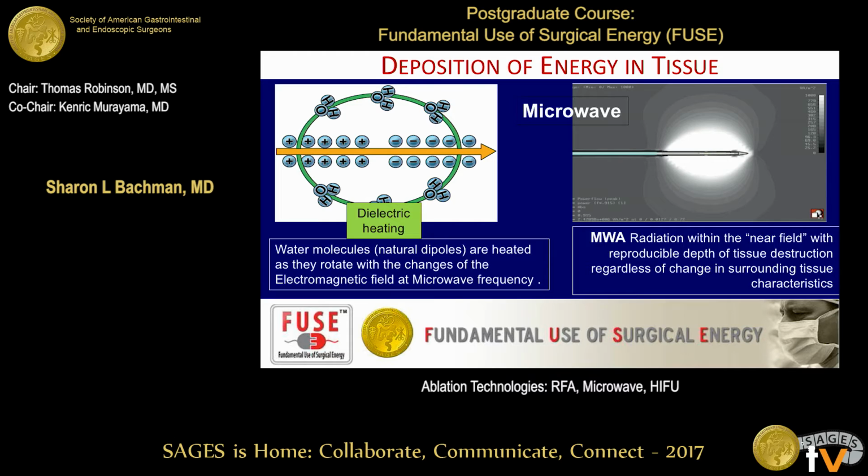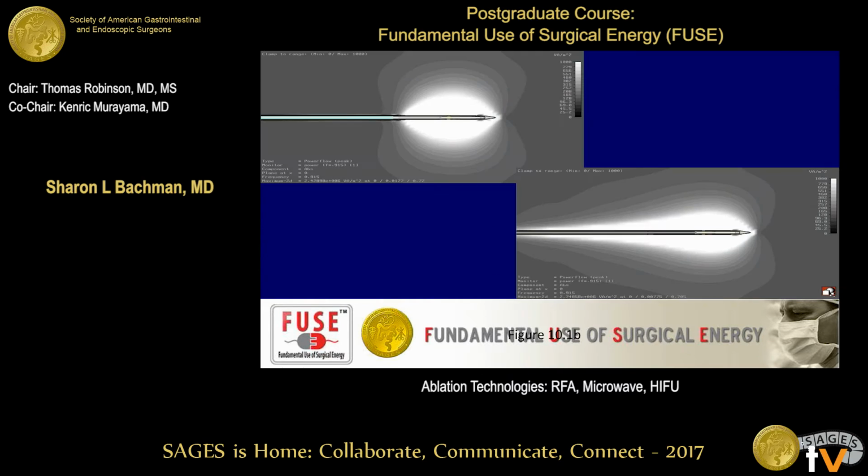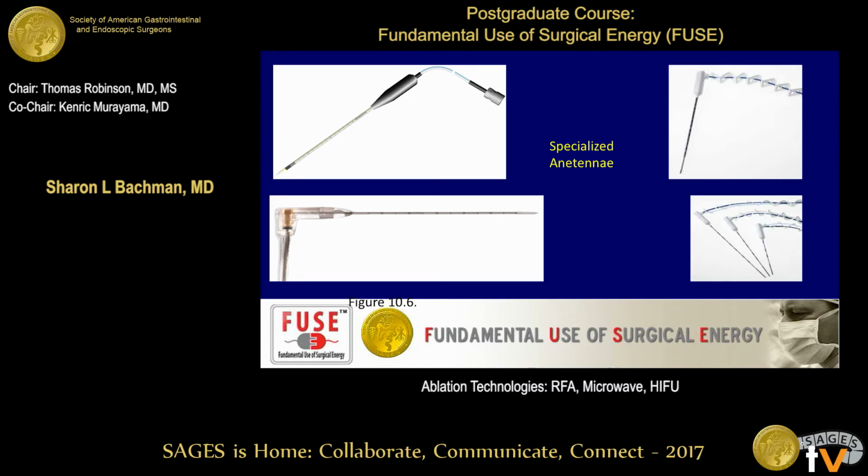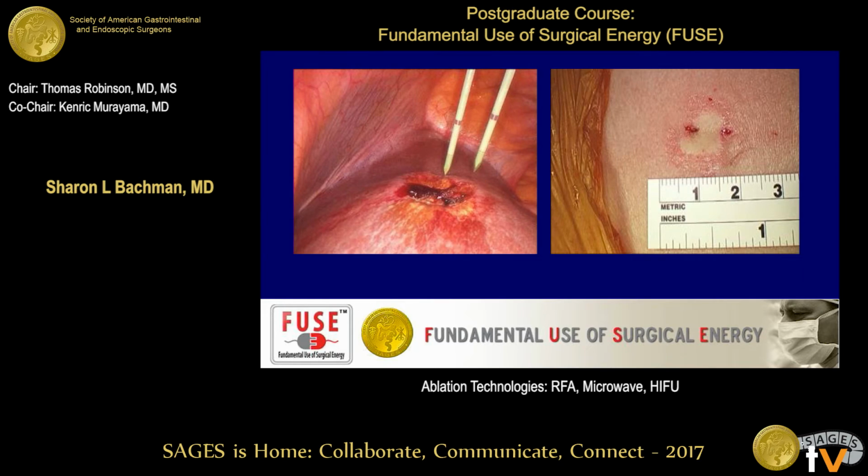You don't have as much of an effect from impedance because this is not a radio frequency wave. But the antenna is what is affecting your field. So the shape of the antenna and how it's positioned will affect the shape of your tissue destruction. And there are different specialized antennae based on where your lesion is and what effect you want.